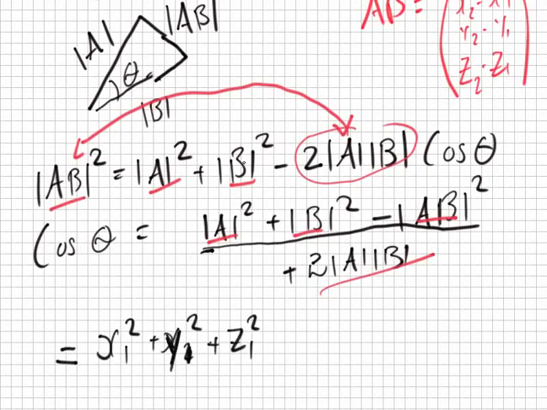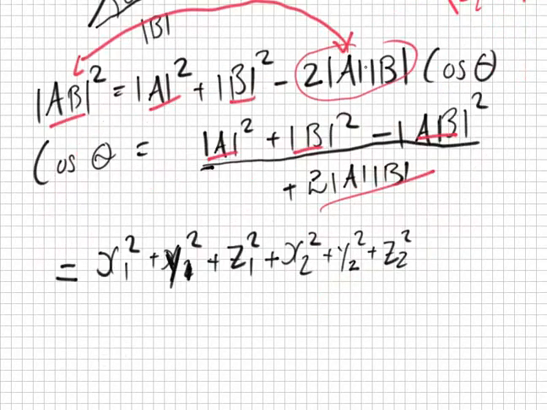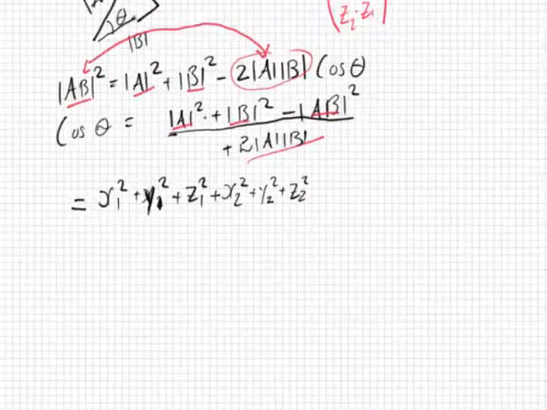And then what about the b? That would be x2 squared plus y2 squared plus z2 squared, and then minus the AB here. So I'll have to make a bit more space. Let me zoom out.